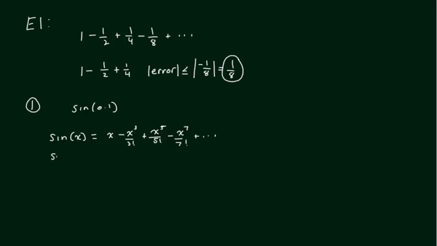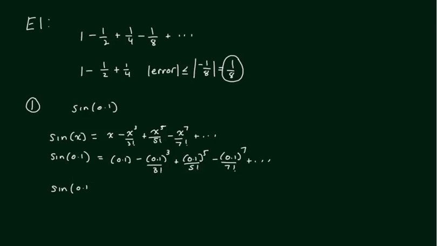So then a series for the sine of 0.1 would be the same thing, except we would substitute 0.1 in for each term of the series. 0.1 to the 5th over 5 factorial minus 0.1 to the 7th over 7 factorial dot dot dot. So this says use the first two terms.